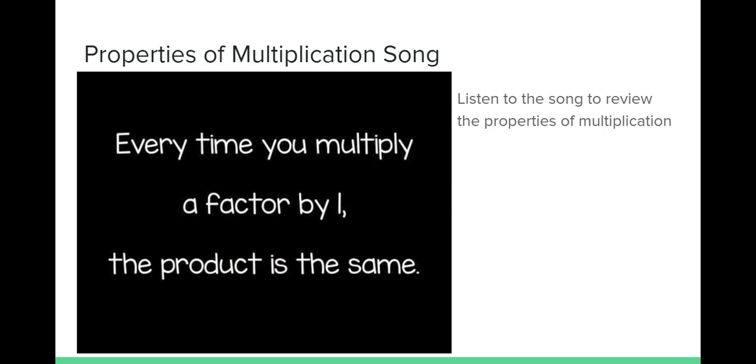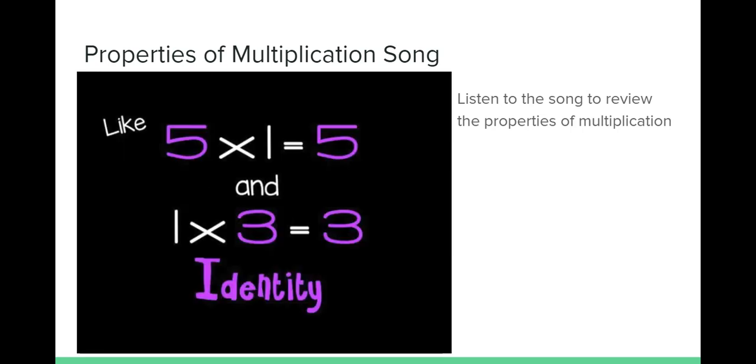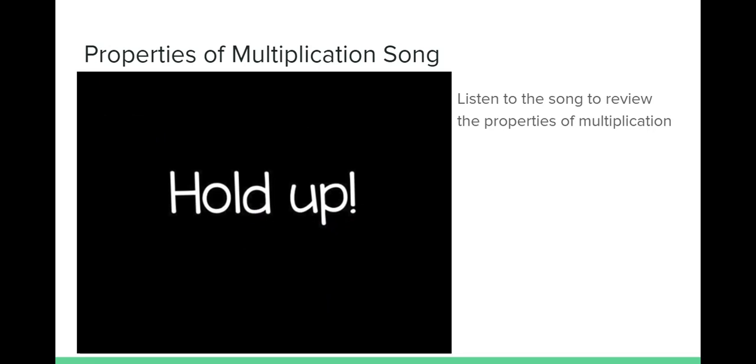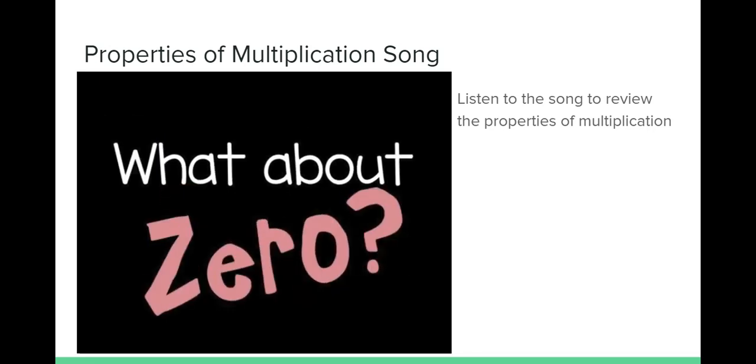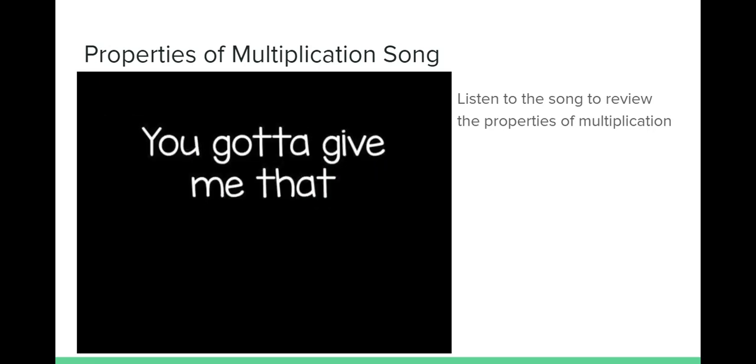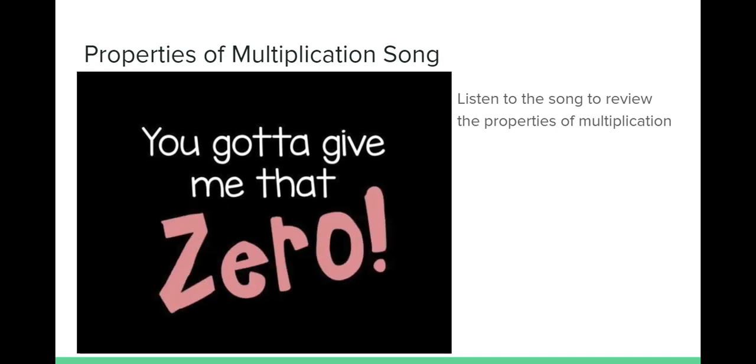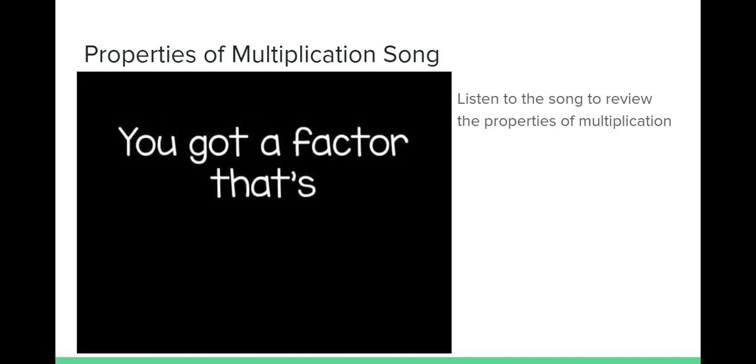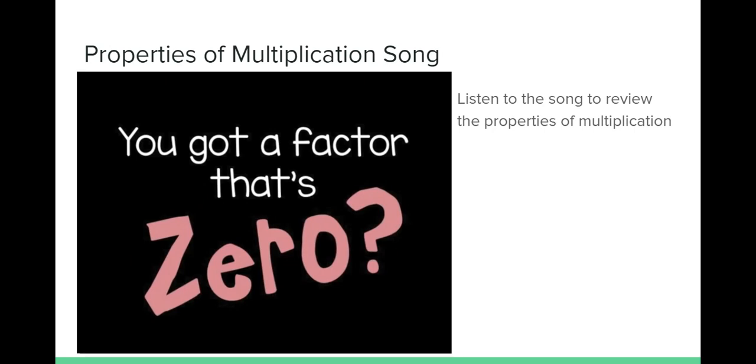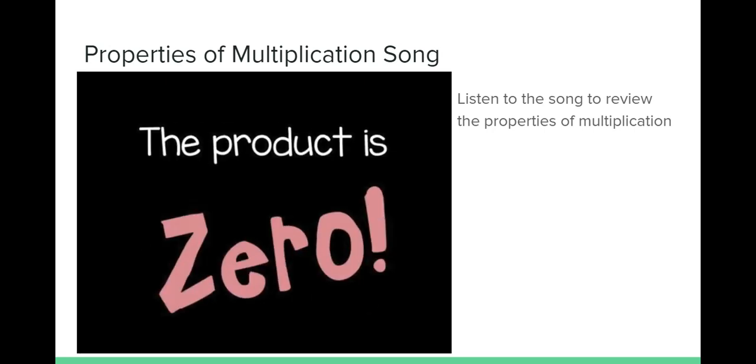Every time you multiply a factor by 1, the product is the same. Like 5 times 1 is 5, and 1 times 3 is 3. Identity. Hold up. What about 0? You gotta factor that 0. Well then, the product is 0.